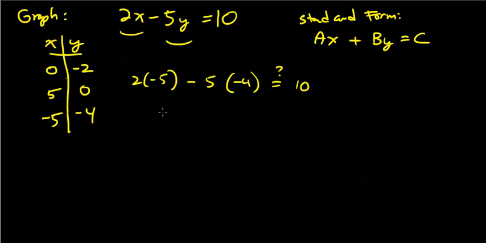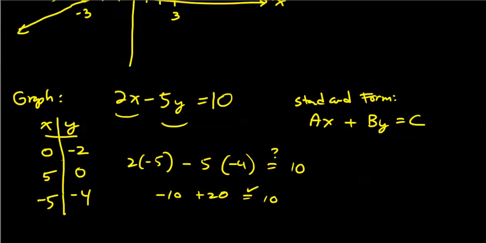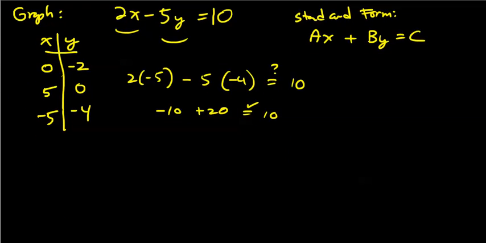And it is. I'll get negative 10 plus 20 equals 10, so that checks. So that gives me 3 collinear points. Wait a minute, I slipped here. So using this table of values, I'm going to graph this line.